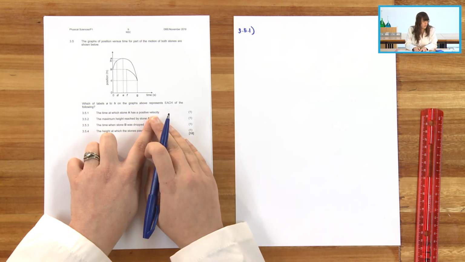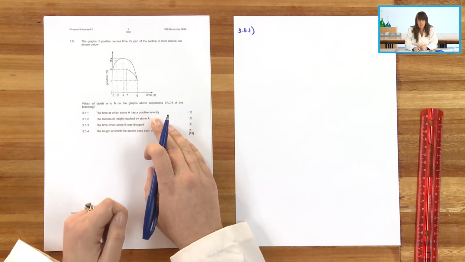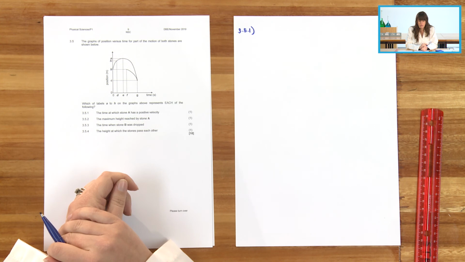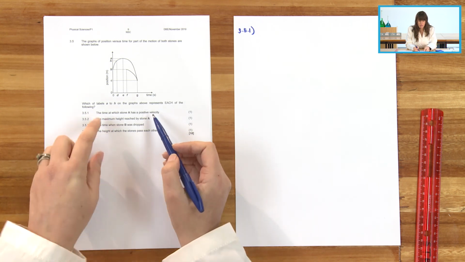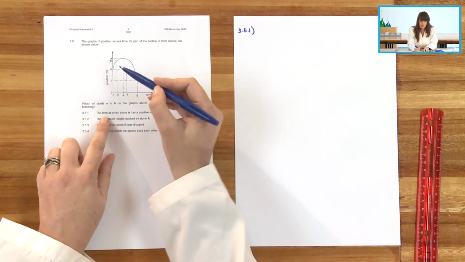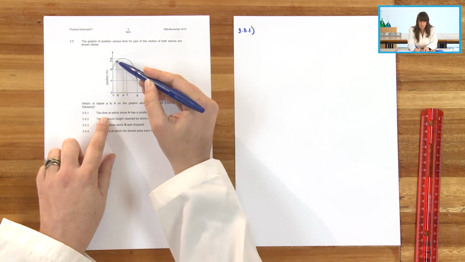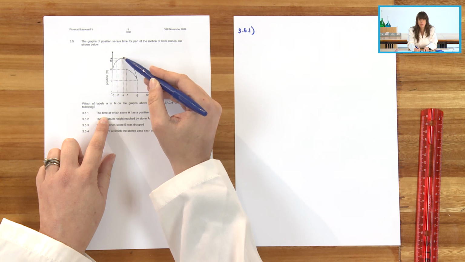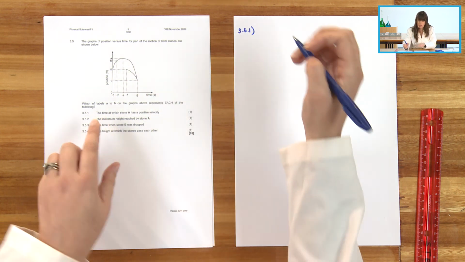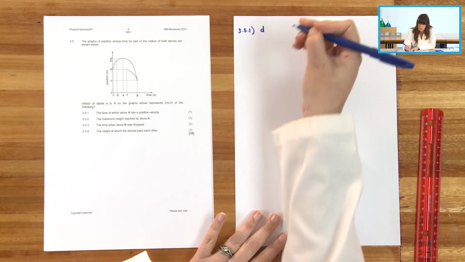Well, remember, stone A was thrown up initially, so the initial part of the motion is when it has an upward, positive velocity, and it asks the time, so we're looking at D. At E, it's reached its maximum height, and so its velocity is 0. So we are looking at position D.